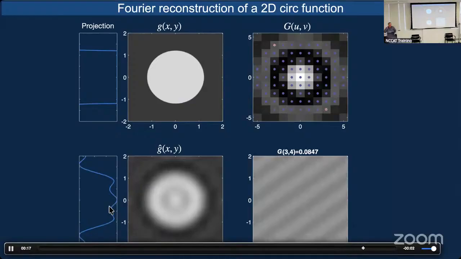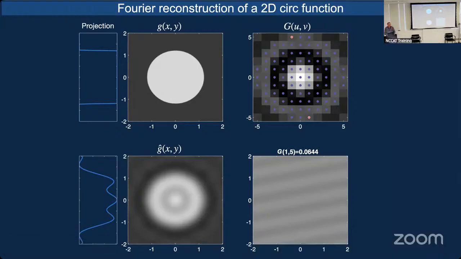And so what we're getting is something that looks a lot like the incomplete Fourier representation of the rect function, again because we have sharp edges.